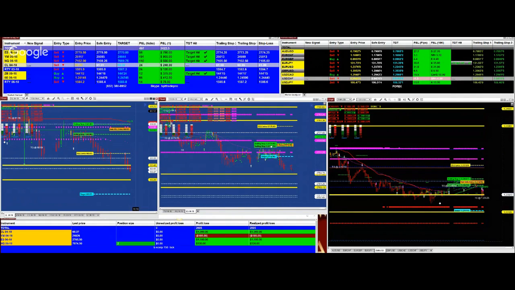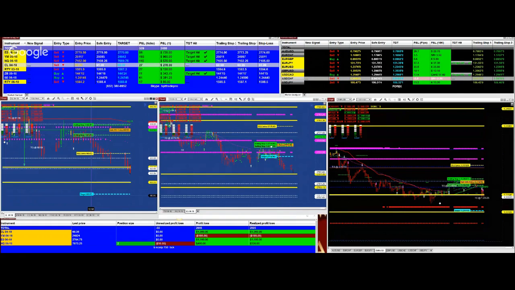So now we are down, and our target is 60.07. That's really lovely. We are 23 ticks in that trade. 27. This is a very nice trade.